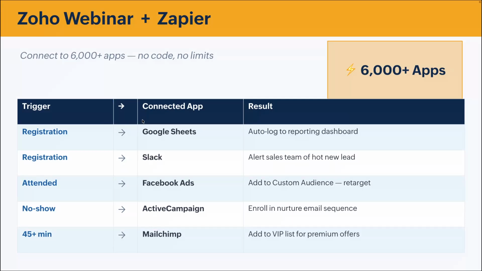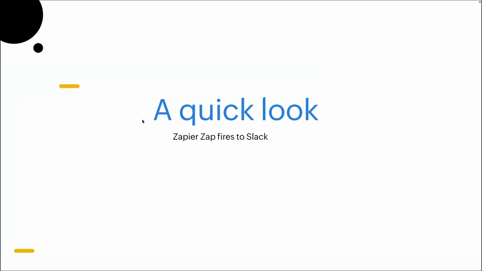If Zoho CRM and Campaigns organize your own workflow, then Zapier lets you plug webinars into the rest of your marketing and sales universe. So now let's quickly take a look at the Zapier video and how the Zaps, triggers and actions work.